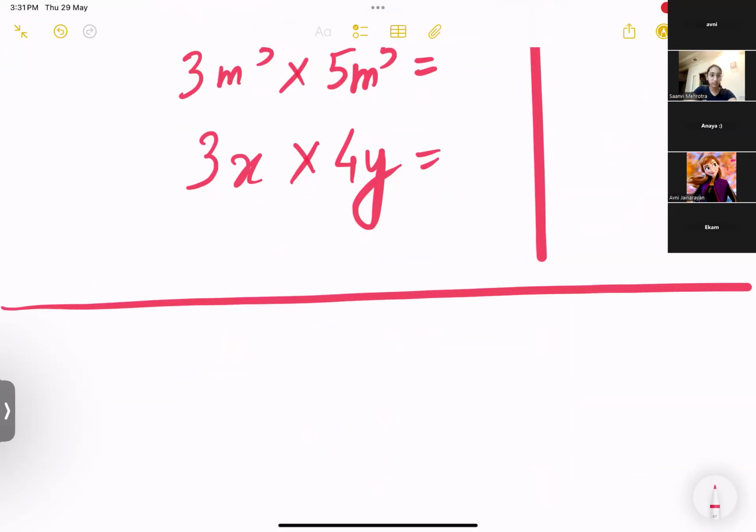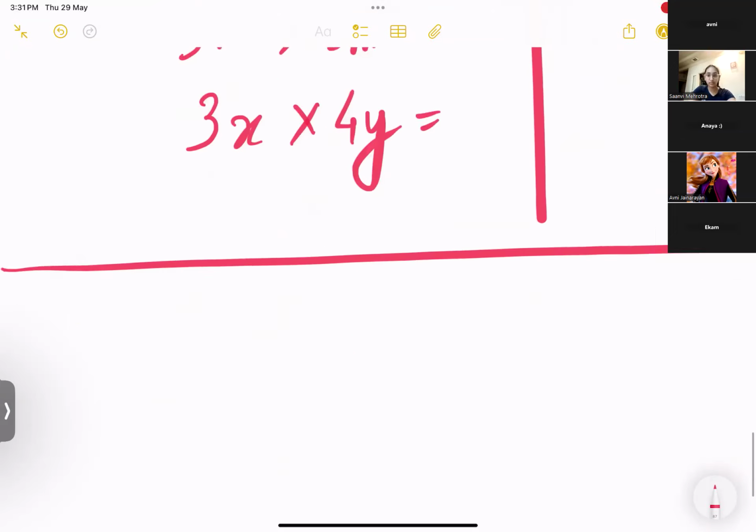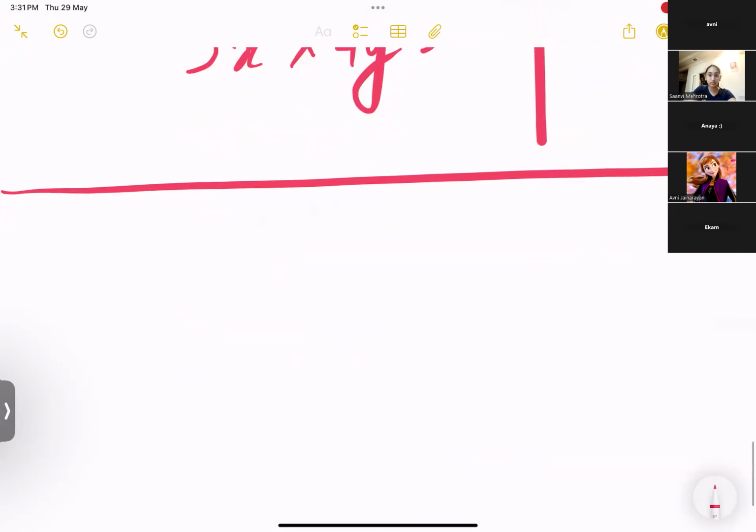Okay, so let us solve this, but I want to explain something. 3 to the power of cube. I want everyone to write in the chat box the equation for 3 to the power of 3. Quickly give me the answer. 3 cube. Perfect, Aradhya. Now don't look at Aradhya's answer.